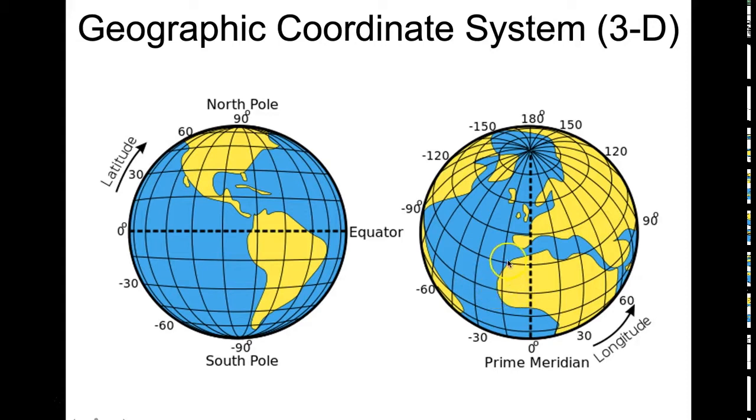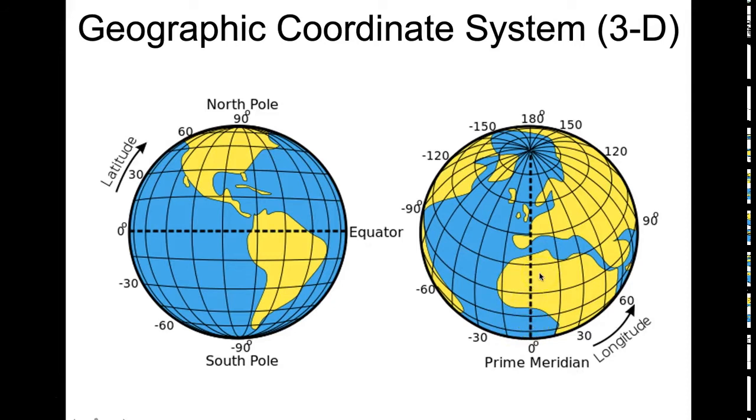A degree of latitude specifies which one of these bands encircling the Earth we're referring to, and a degree of longitude refers to which one of these bands encircling the globe from north to south we're referring to. The minutes of latitude refer to these sub-bands in between the degrees of latitude and in between these degrees of longitude.